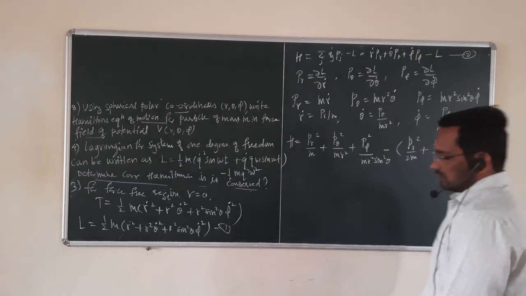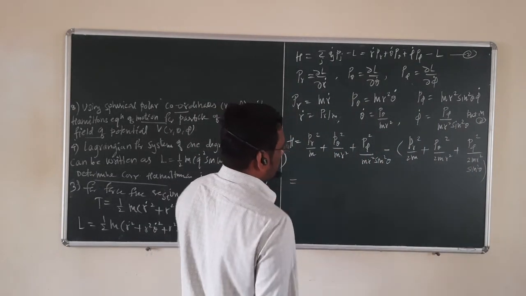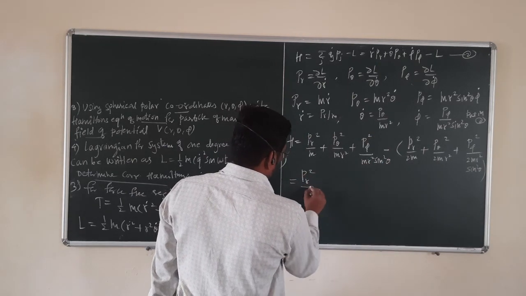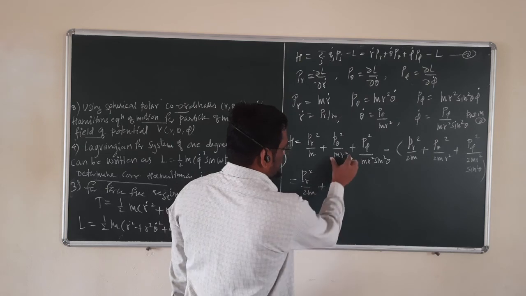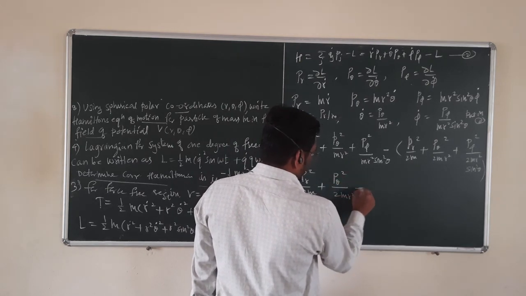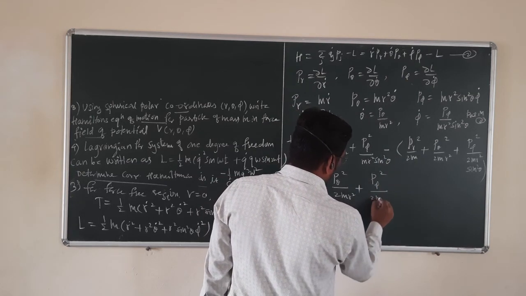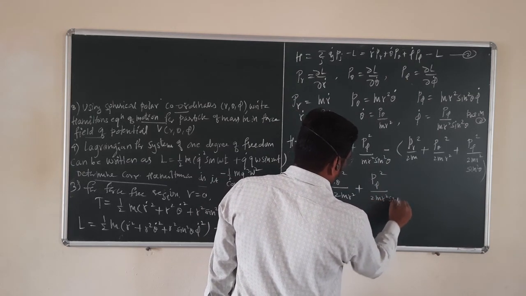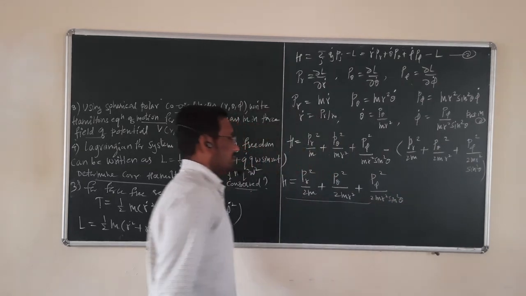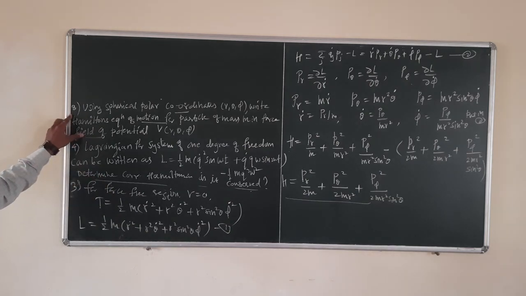So these are the terms that we get. Now Hamiltonian H is equal to 1 minus 1/2, so Pr square divided by twice m plus P theta square by twice m r square plus P phi square divided by twice m r square sine square theta. So this is the Hamiltonian for the spherical polar coordinate system.